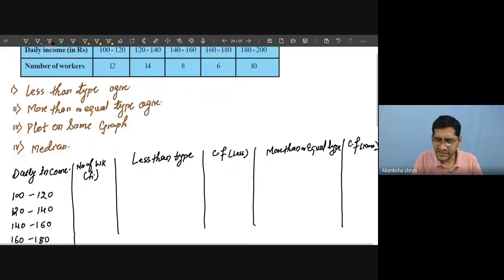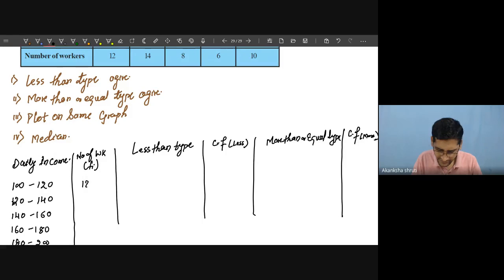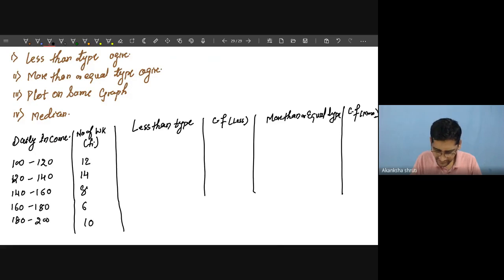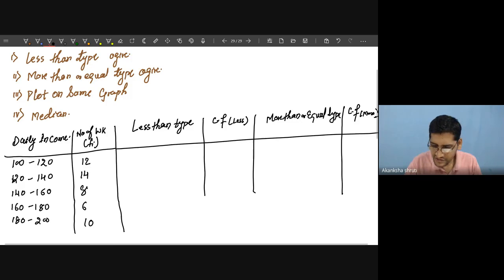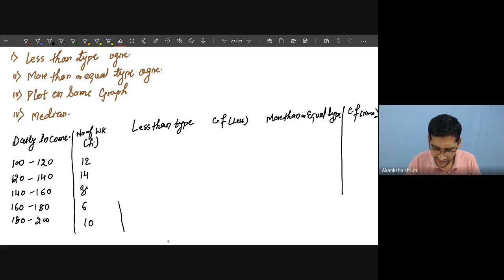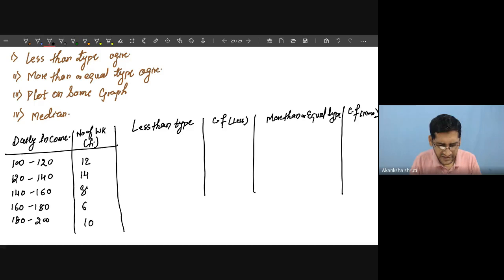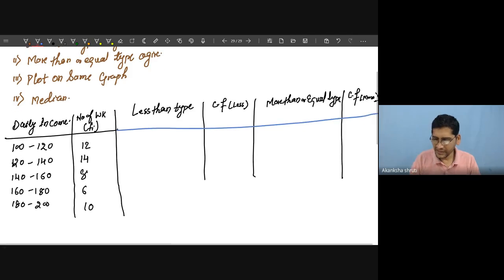The frequencies are 12, 14, 8, 6, and 10. So these were the data given, but we have extended it for the other thing.